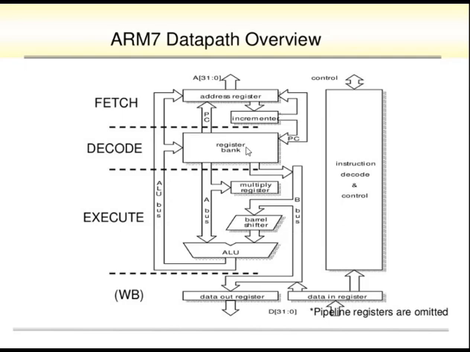In the register bank the decode operation is carried out, and the final operations of execute are done by the ALU, whatever the logical or arithmetic process. So it comes in the execute column: multiplier, barrel shifter, and ALU are components of the execute stage. So we have seen the architecture of ARM7 and the data path overview.